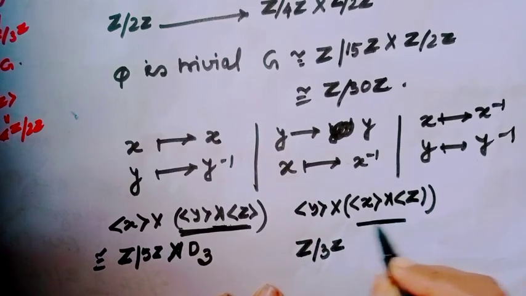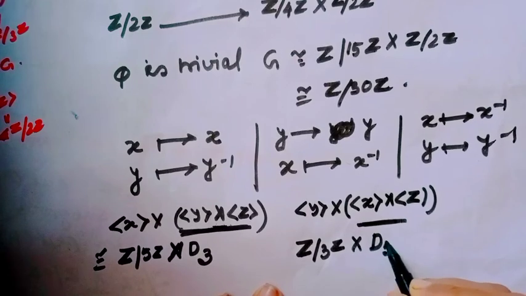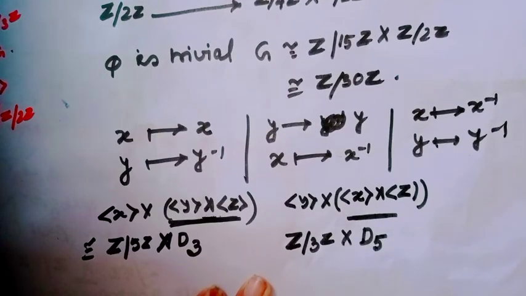And this structure is similar to the dihedral group of order 10. That means this is isomorphic to Z mod 3Z direct product D5.